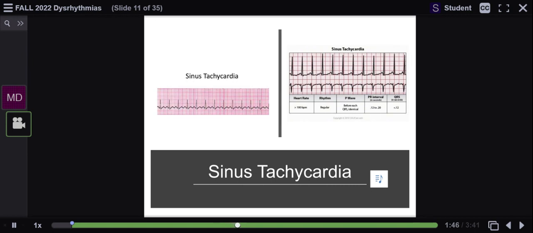Those are your H's. The T's are toxins, tension pneumothorax, trauma, tamponade, and then some stressors, and fever obviously can increase the heart rate.